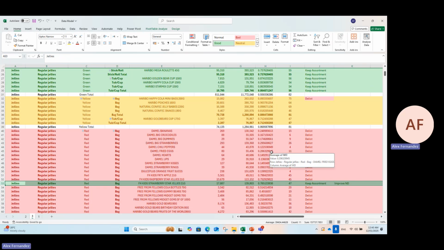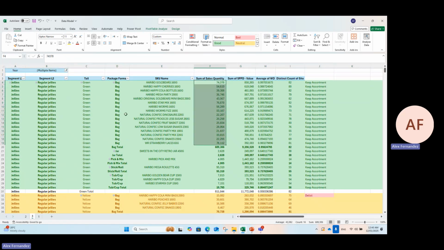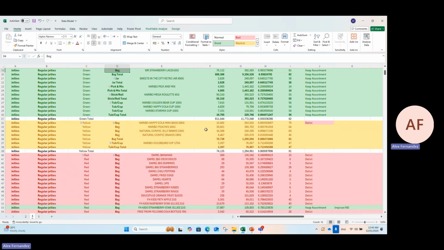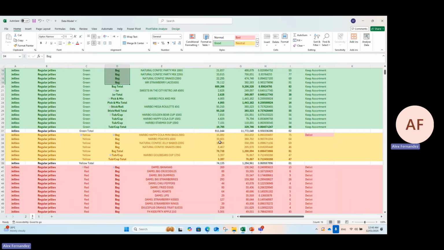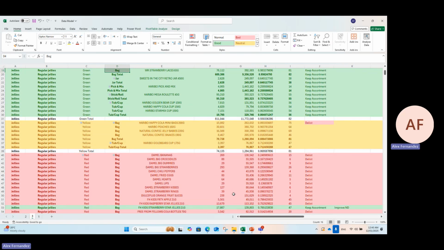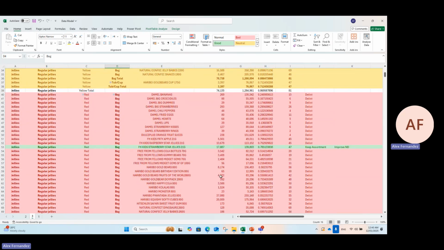So this is the logic of how we do it. So first of all, we look at the averages of the same pack format. So this is regular jellies, bags. And then we benchmark versus that. And then when we are looking at the yellow SKUs, which are usually in between to be delisted or not, we start seeing some anomalies here in the reds.